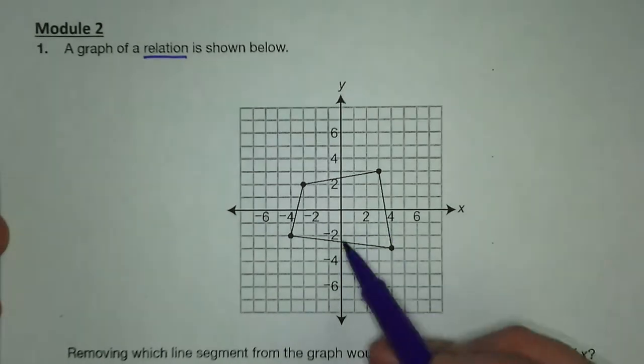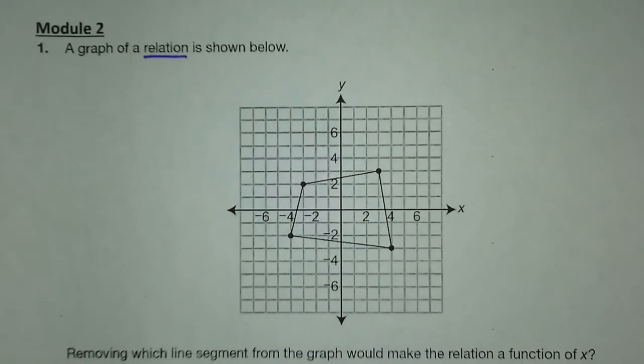So any graph in the xy plane is basically a relation. Any equation involving x and y represents a relation. Any xy table of values represents a relation. All it takes is some kind of relationship between two variables, and those two variables are almost always x and y.